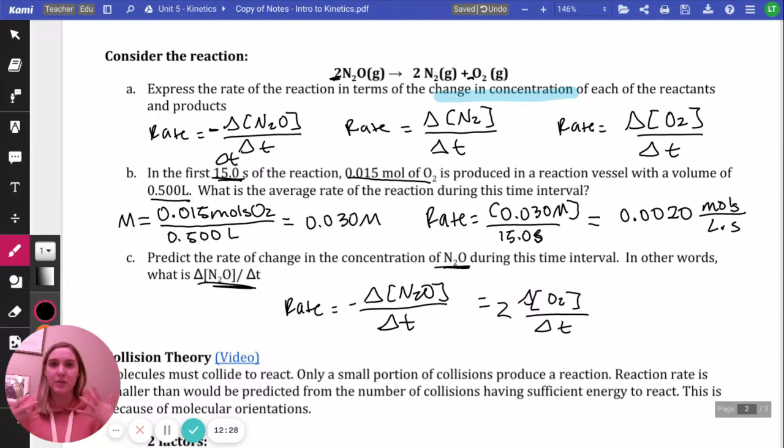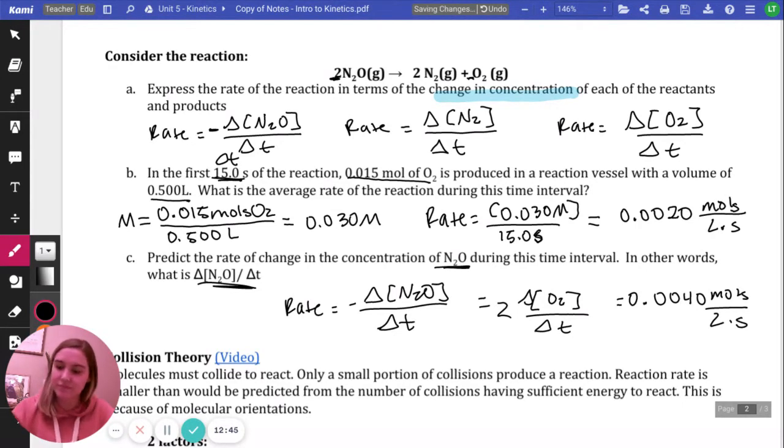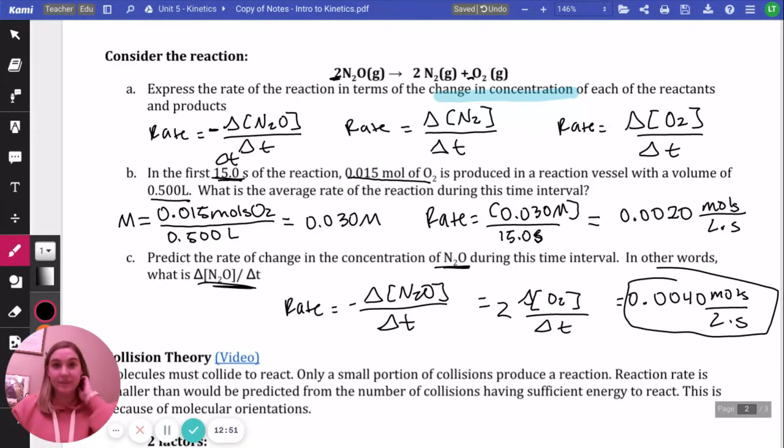So my rate of oxygen is going to be doubled in order to be equal to that one. So basically multiply your rate of oxygen by 2, and you get that your rate would be 0.0040 moles per liter per second. And that would be our rate of disappearance of our reactant. All right?